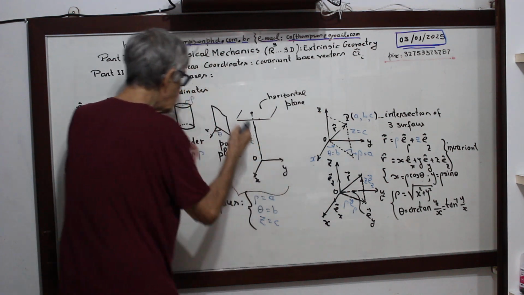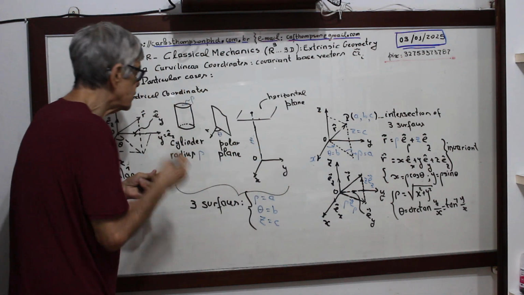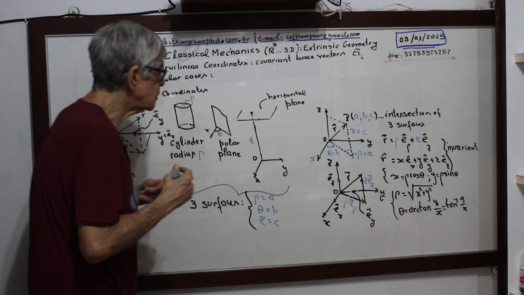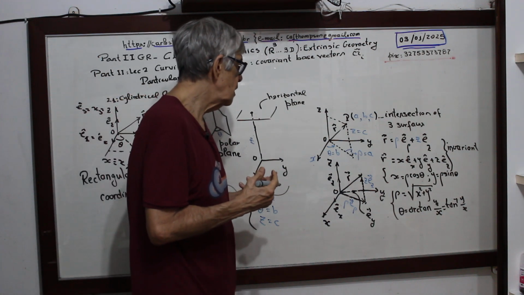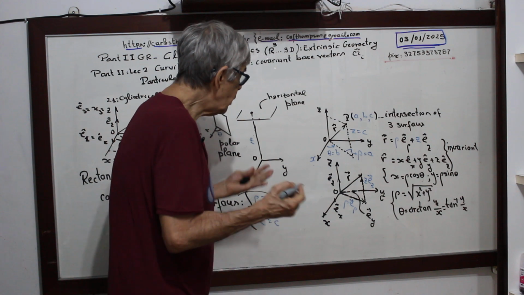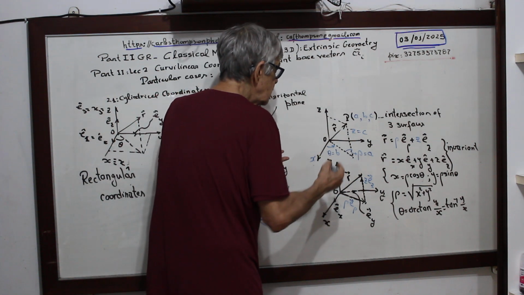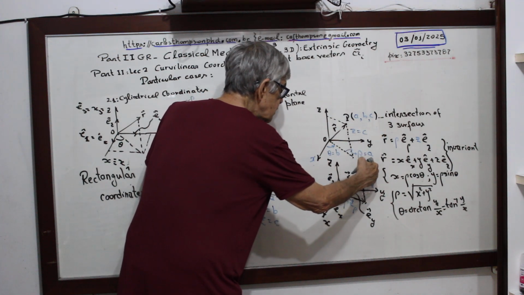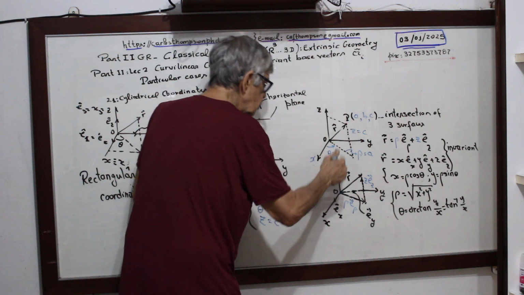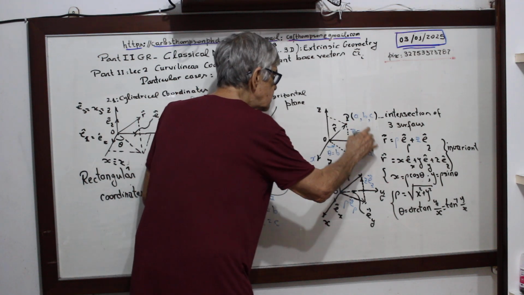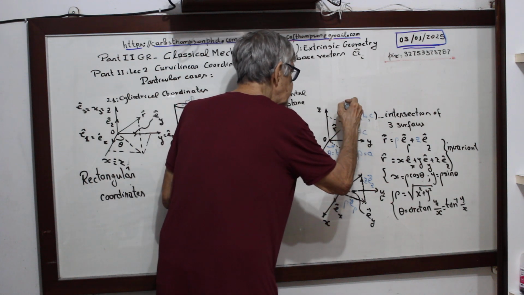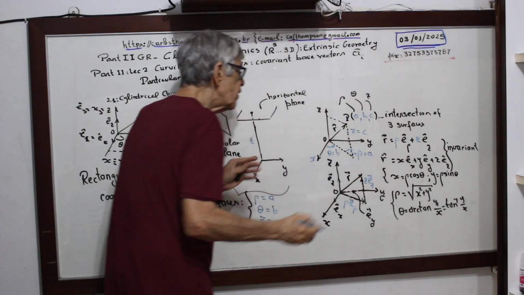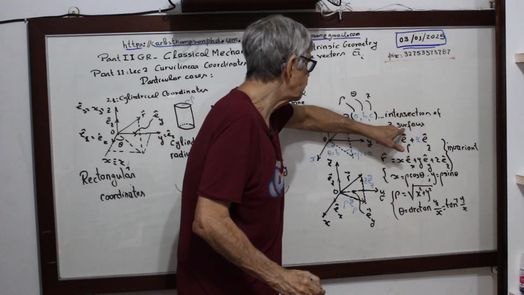So the intersection of these three surfaces, two are planes, but the cylinder is not, leads to the point P. A particular case, P(a, b, c), is given by rho equal a, that's a specific point, theta equal b, and z equal c. This will be rho, this is theta, and this is z. That's the convention: intersection of three surfaces.